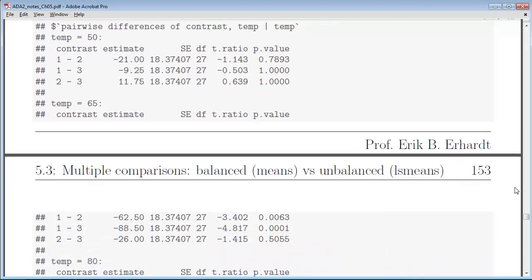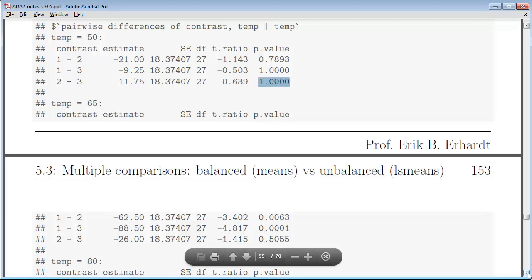Here are the pairwise differences. So we're doing the contrast between material types for temperature 50. And we're asking, is there a difference? And we're seeing for temperature 50, in terms of the corrected p-values, we're not really seeing much of a difference there for the material types.